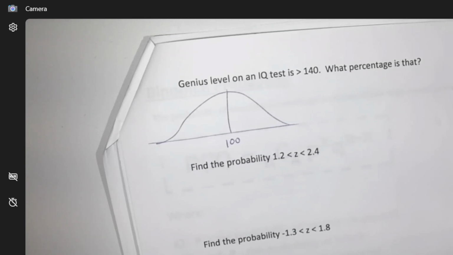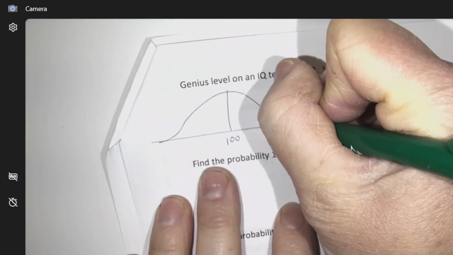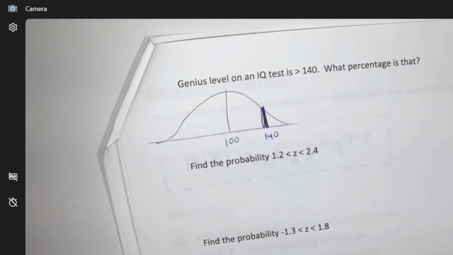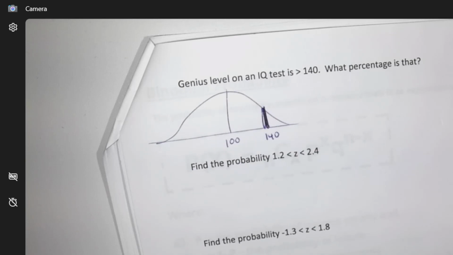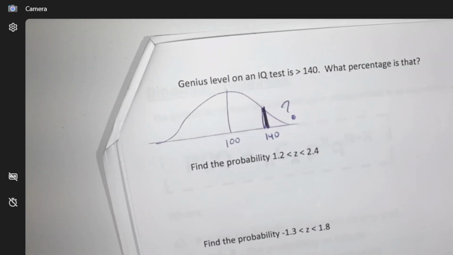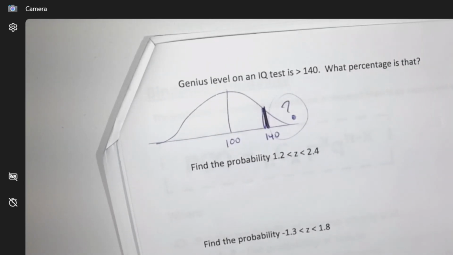But a score of 140 is like pretty much over here somewhere, right? And I'm trying to figure out this. What kind of percent of the people are in the genius level? The genius level is the people above that.